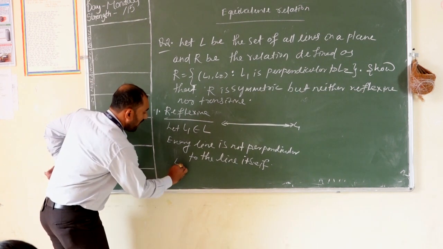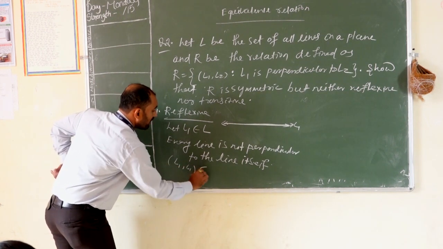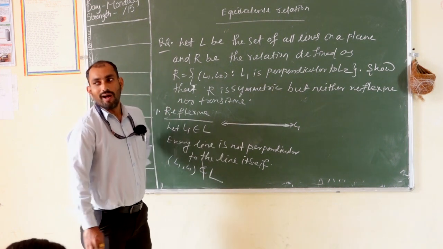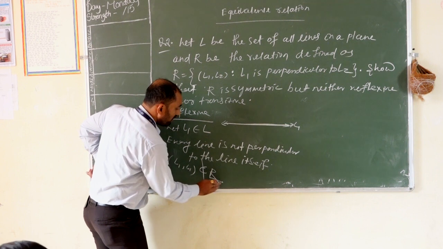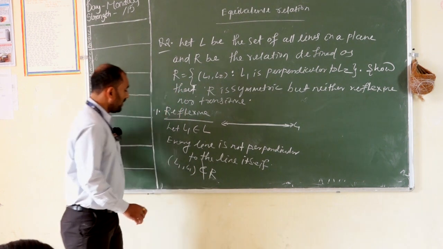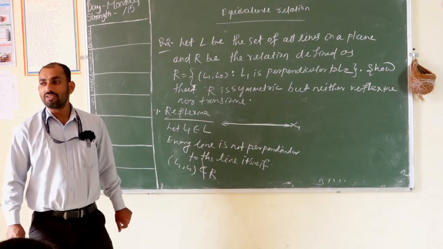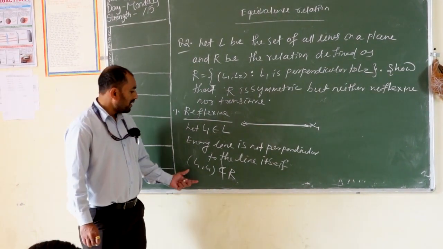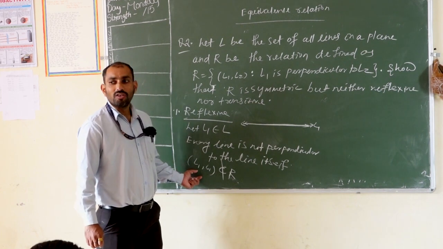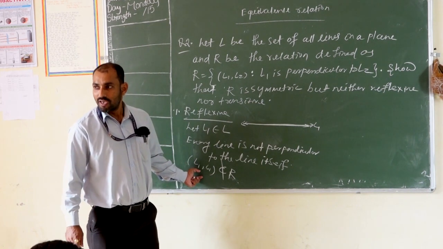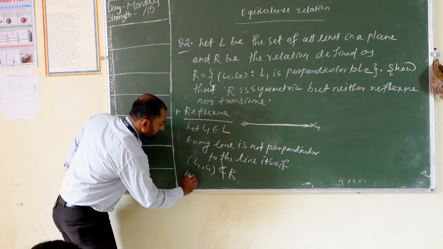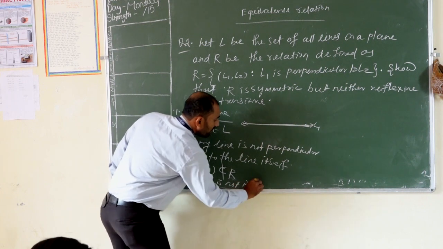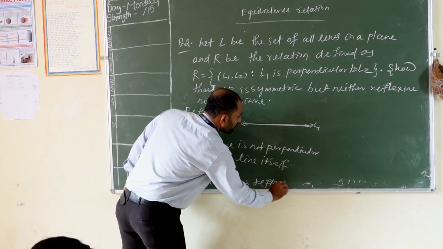That means L1, L1 does not belong to R. If L1, L1 does not belong to R, that means this pair is not satisfied, so the condition of reflexive is not satisfied. Hence R is not a reflexive relation.